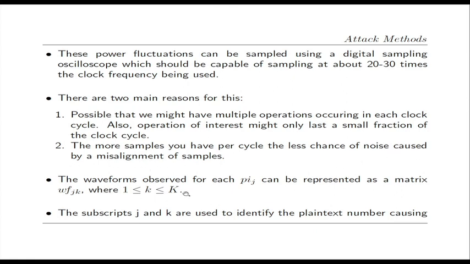After running this, we take the digital sampling of the power fluctuation, and suppose the waveform observed when we give the plain text Pij is represented by the matrix WFJK. This is a matrix where J and K are used. J is used for the plain text.